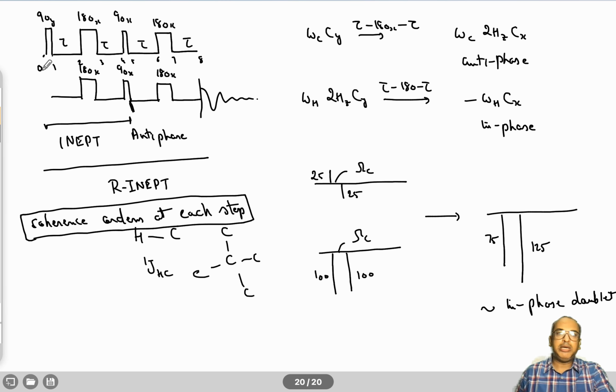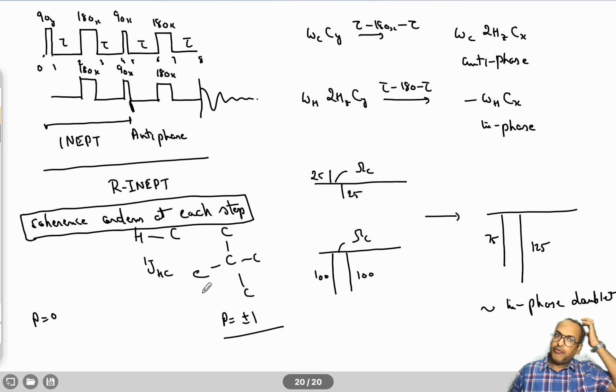You should also be able to calculate the coherence order and how it changes from P equal to 0 to, I will tell you the final coherence order, in this case, because we have not selected it, plus minus 1. So let's see if you can actually trace the order of coherence along the pulse program.